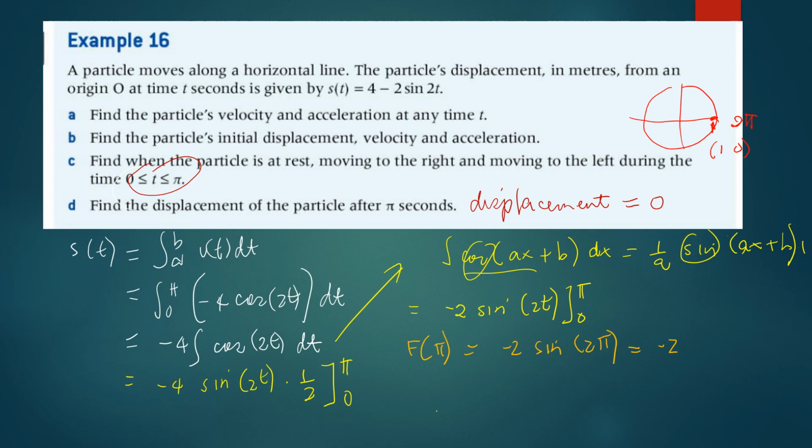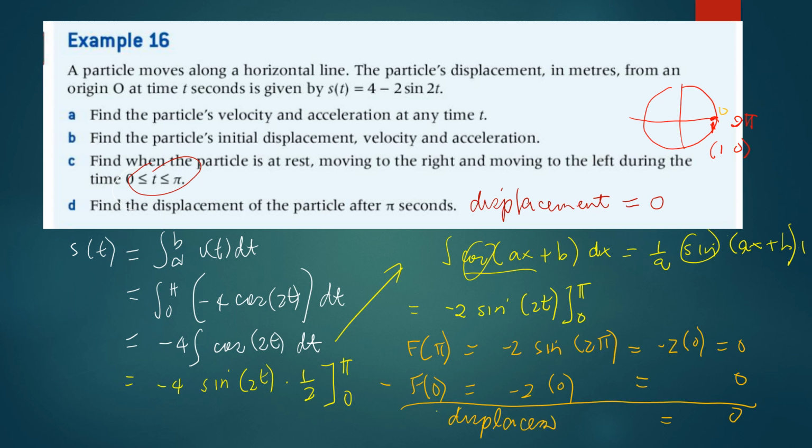Negative 2 and sine 2 pi is 0, so that's equal to 0. And then we get f of 0 degrees. So negative 2 sine 0 degrees is also 0. And then subtracting the two, we have the displacement equals 0. We have already proven this using the motion diagram, the one we solved in letter C.